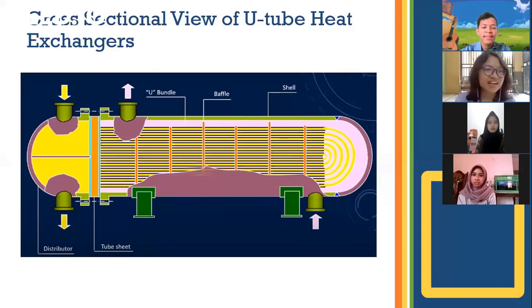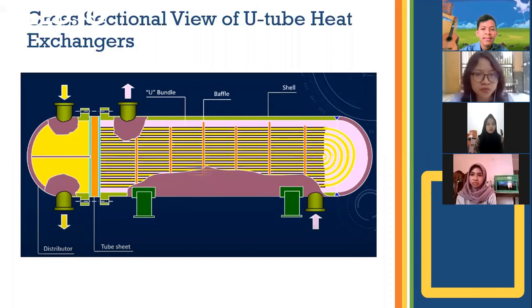And then for the tube side, we can see from the yellow color on the top side that it enters the tube, and then it connects to the bend and enters on the left side.